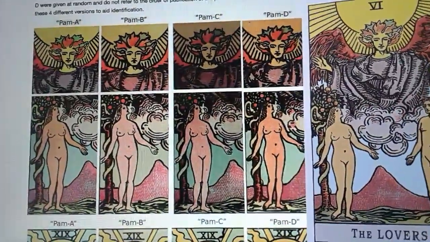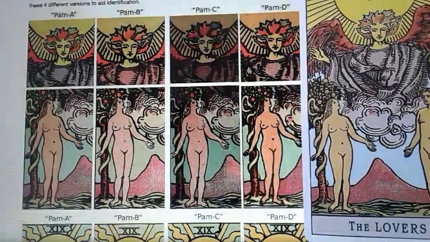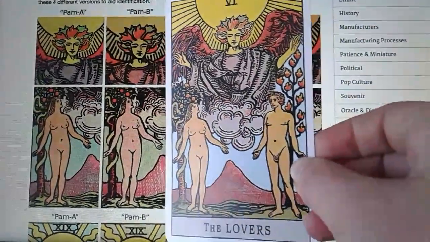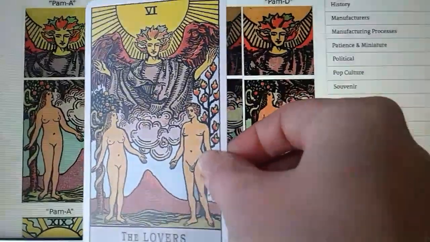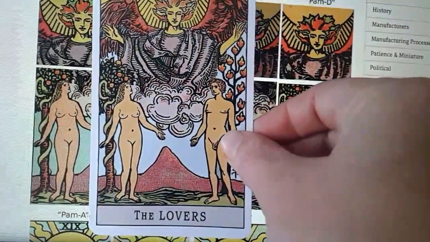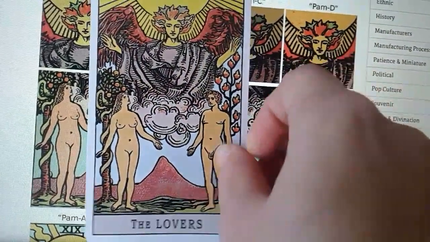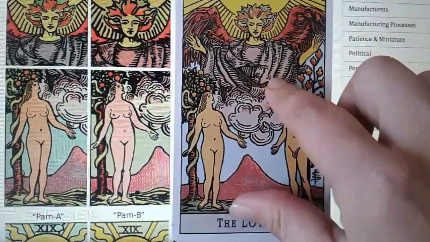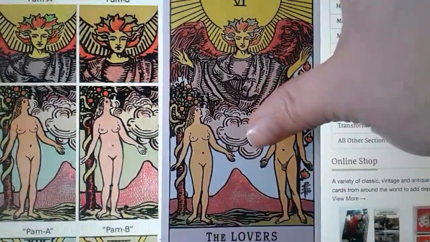So I'm going to focus on the scribbles just in front of Eve's face there. If you can see there, this is the most similar to PAM A because the scribbles there, you can actually see lines on there. And in the rest of the versions you can't, it's just a big black blob.